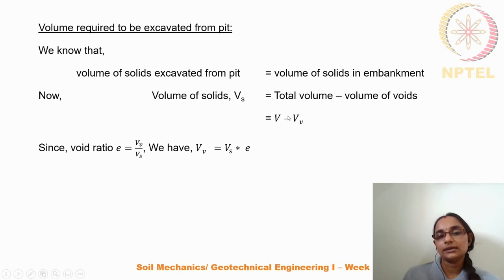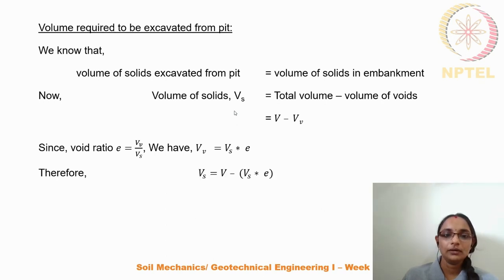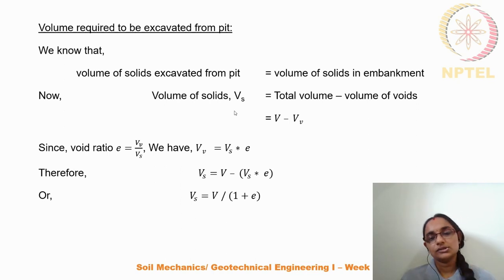Substituting that value for Vv in the equation for volume of solids, we get Vs is equal to V minus Vs into e. Taking all the Vs to one side, we get volume of solids Vs is equal to V by 1 plus e. So we got Vs is equal to V by 1 plus e.